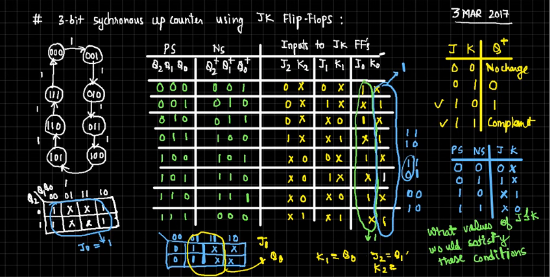Okay, Q1, Q0. And what about K2? K2 is Q1, Q0. K1 is Q1, Q0. J2 is Q1, Q0, both are Q1, Q0. Verify.